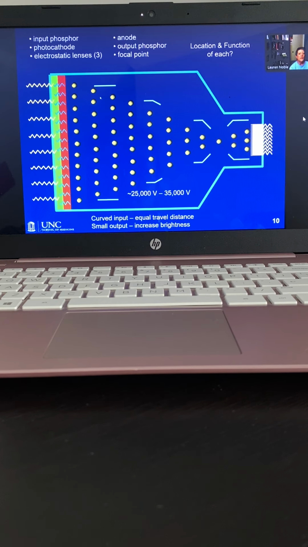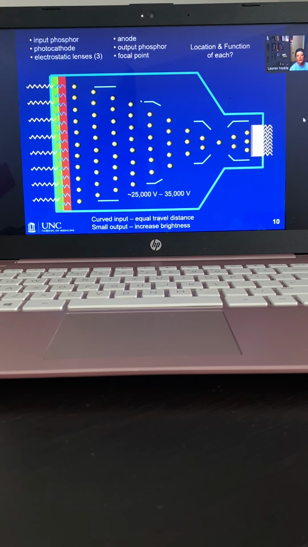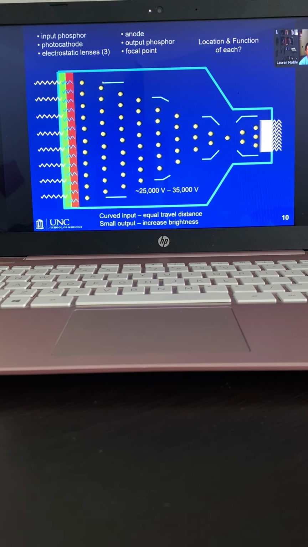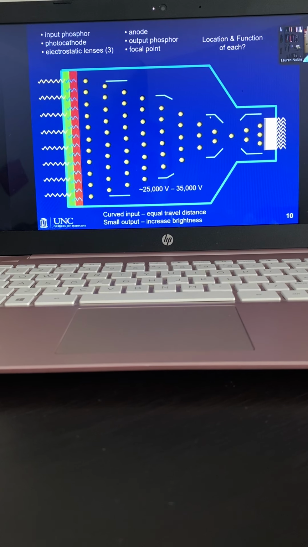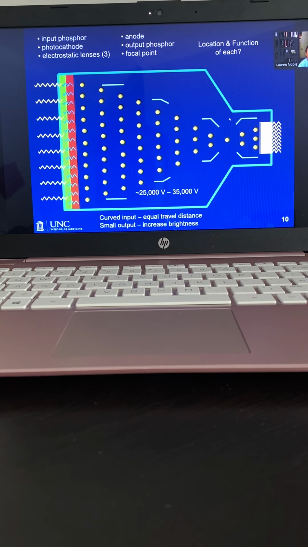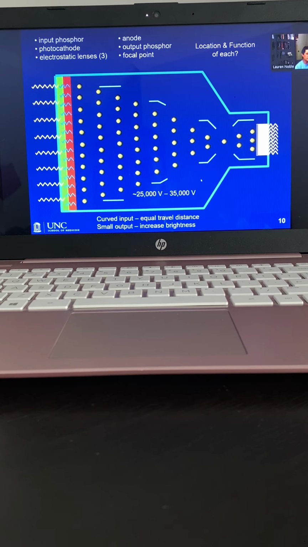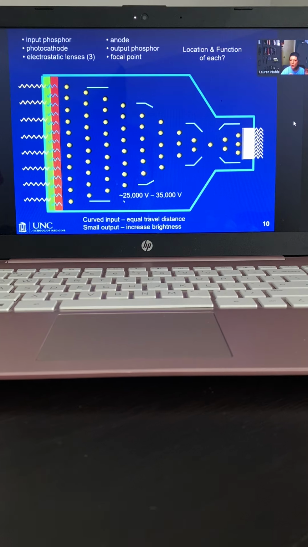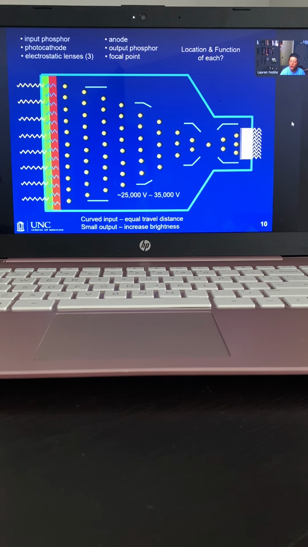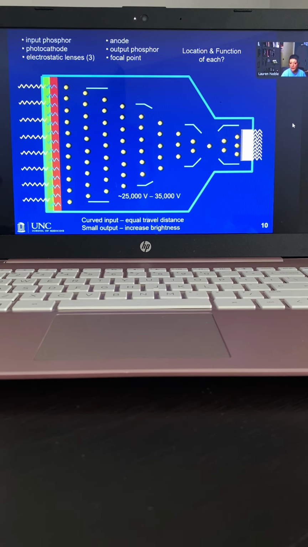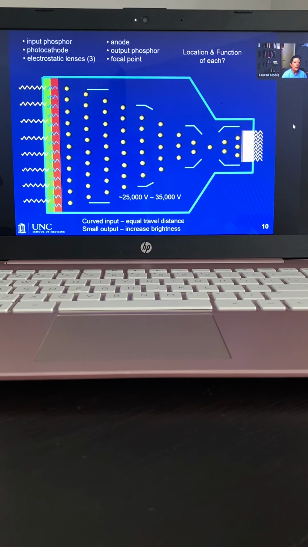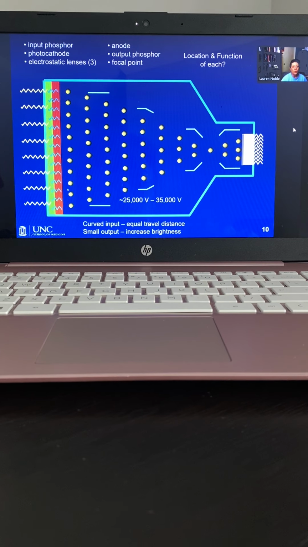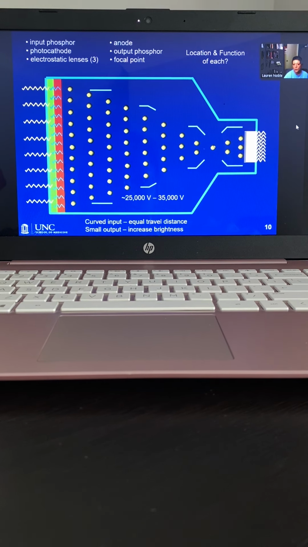And then you'll notice in this particular example, I've only drawn in 3 electrostatic lenses, but there are a total of 6, 3 on each side. So that's what's represented here. These are electrostatic lenses, and they have a voltage applied to them. Somewhere in the neighborhood of 25,000 to 35,000 volts are flowing through this image intensifier. What that does is that voltage will drive the electrons to the anode end of the tube.